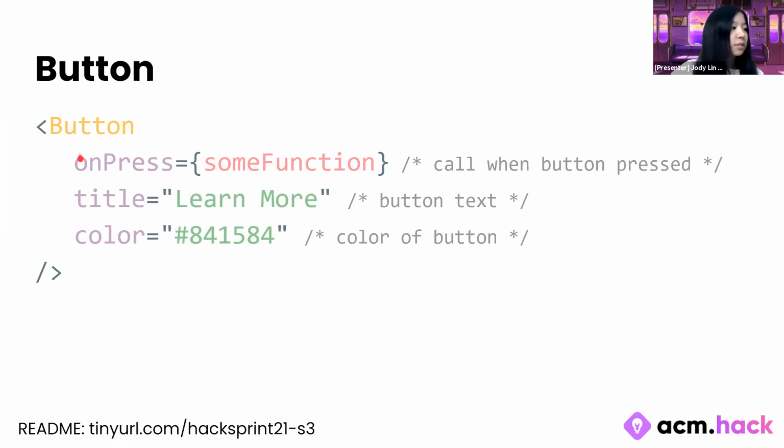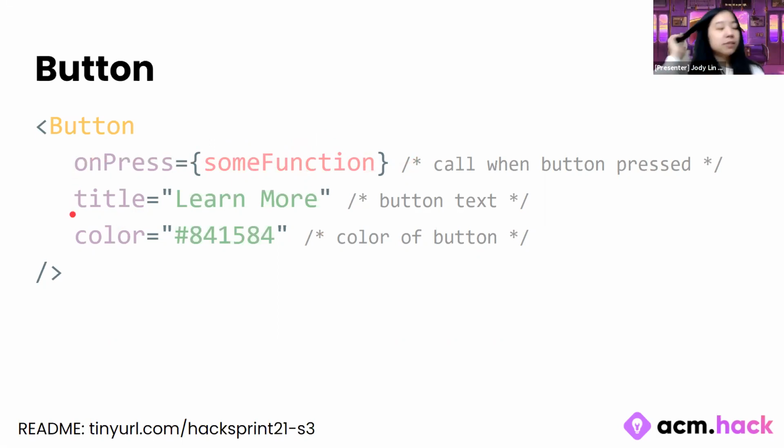One of them is this special property called onPress, and all it does is take in some function. We're just going to call this function whenever we press this button, right? Because you usually press a button and then something happens. We'll get into some examples of what that looks like through our code demo. But for now, just know we have a special function we can call through onPress.